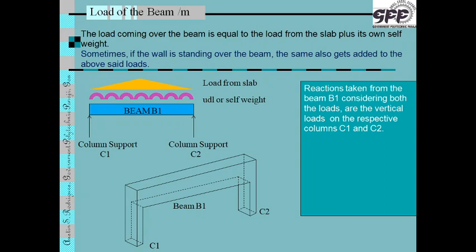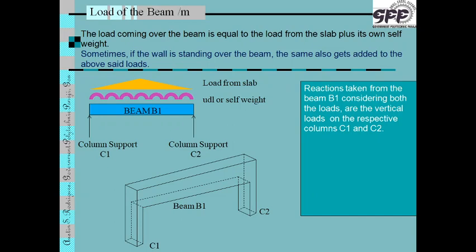Notice the beam B1 is supported on the columns C1 and C2. At the bottom it is shown over here, the beam B1 is supported on the column C1 and C2. So diagrammatically we see the beam B1 supported on columns C1 and C2.